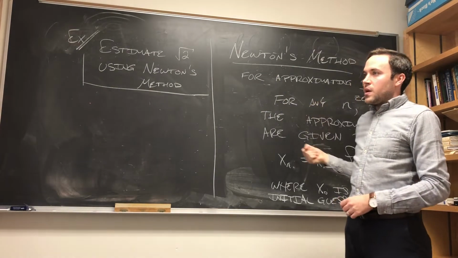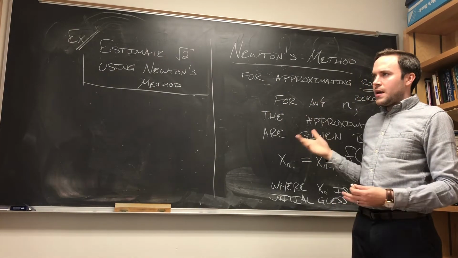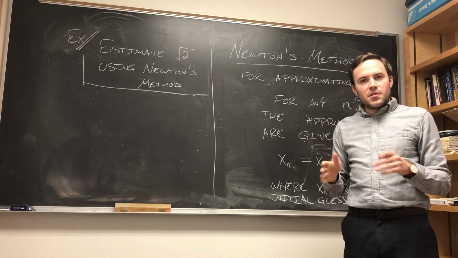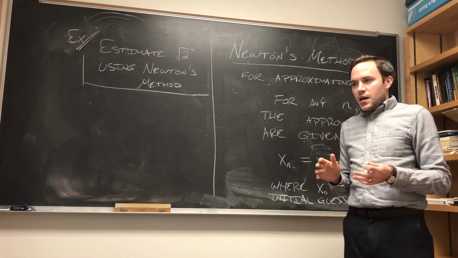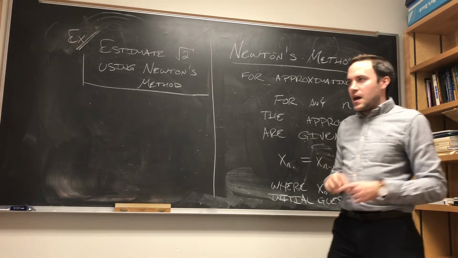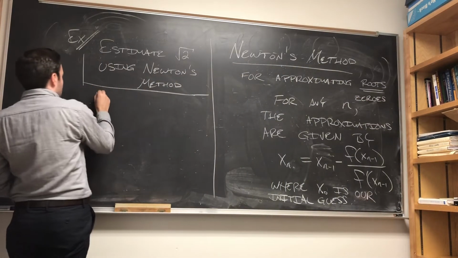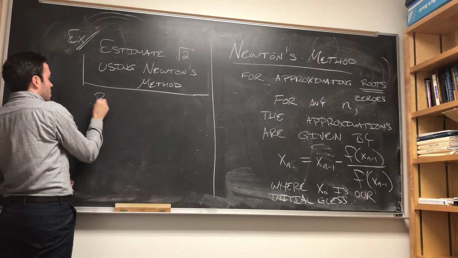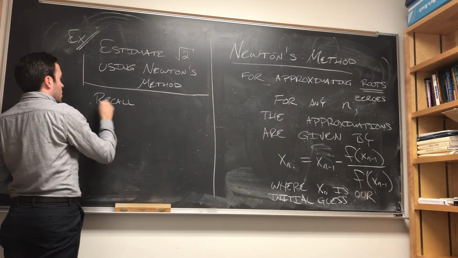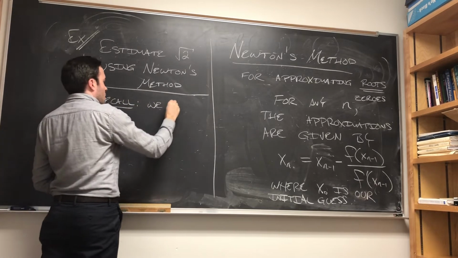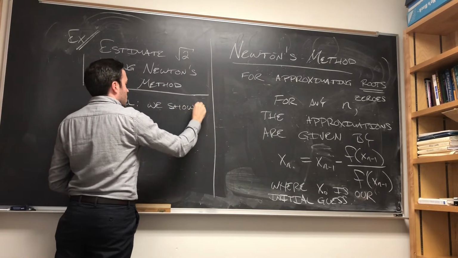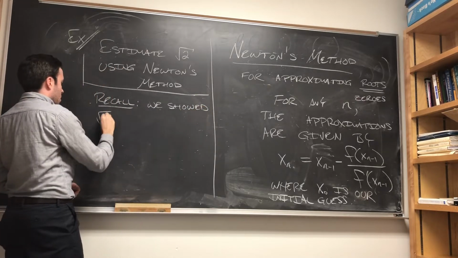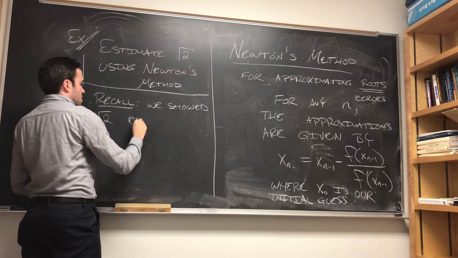And the way we went about it, if you don't remember, maybe pause the video right now, take a couple minutes, try to think about how we answered this question. We had this question from before where we showed that the square root of 2 exists.